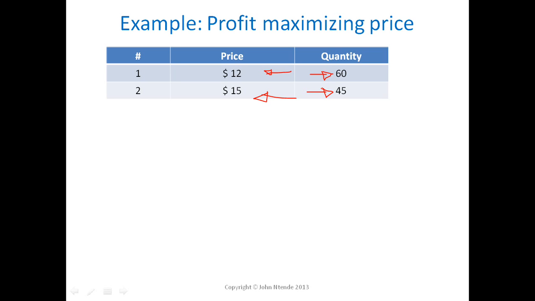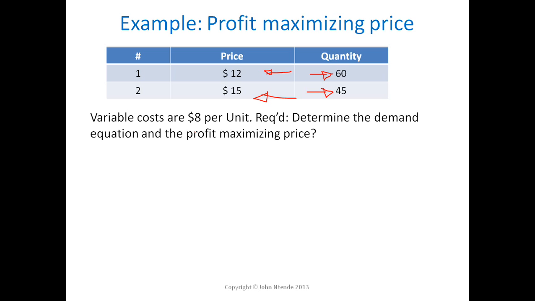That's the information given. Then we've also been told that the variable costs are 8, and the requirement is to derive the demand equation and the profit maximizing price. So quickly running through the solution.